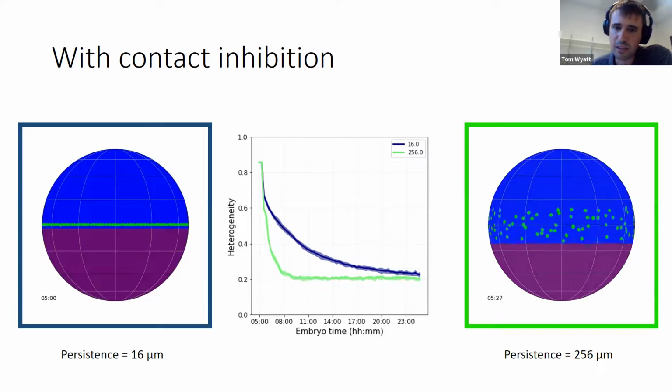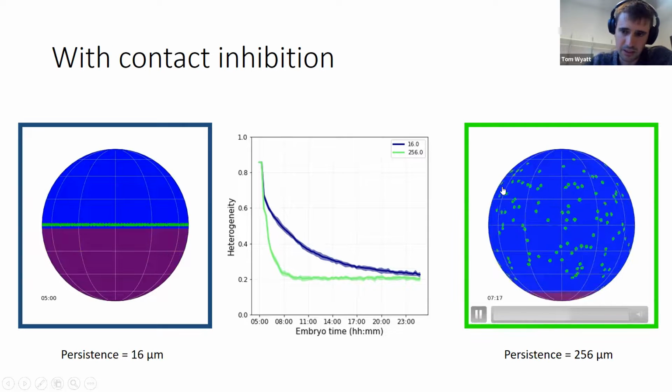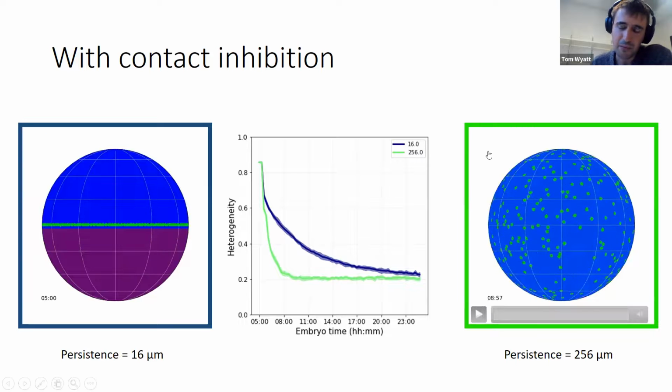But in the case of a long persistence length, you have the advantage still that cells can travel long distances efficiently over the surface of the embryo, but they're not forming those aggregates, of course, because the contact inhibition is stopping those aggregates forming.